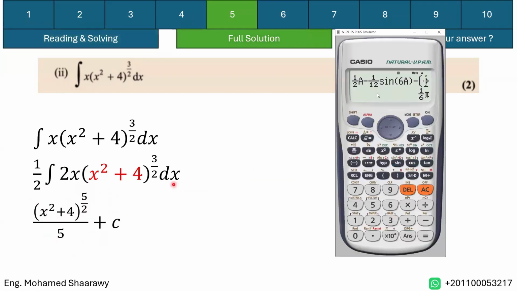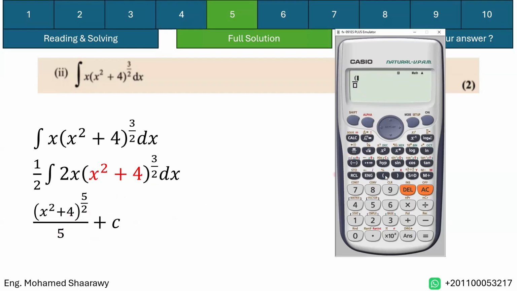I can check this using the same exact way I used in part A. Let me integrate this, for example, from 1 to 5. It gave me this value. Let me check if this will give me the same value.